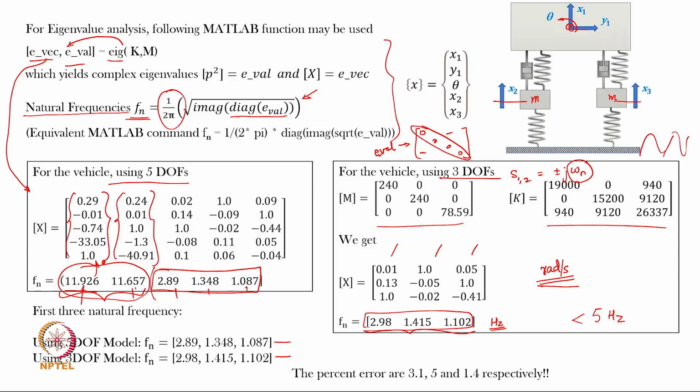Higher mode frequencies do not contribute as much to the response if the excitation frequency is close to some of these lower natural frequencies. Now, if you plot this graph of natural frequencies, the first few will be close enough here, the third one will be there, and you can see that the fourth one and the fifth one are very close. Of course, they are lying in a higher frequency range.